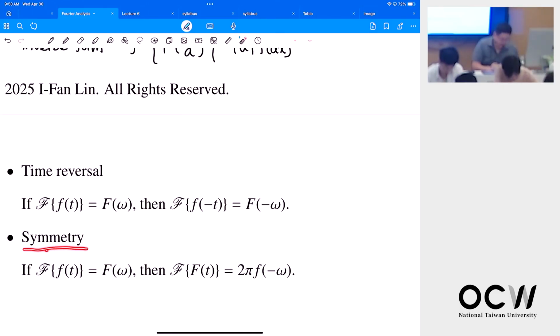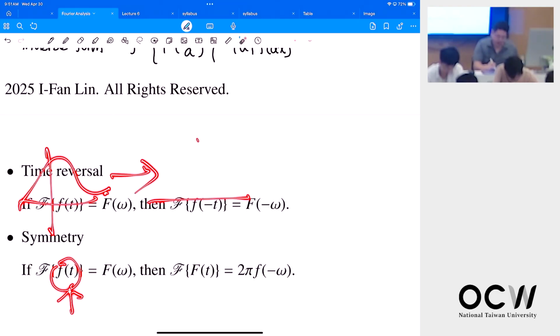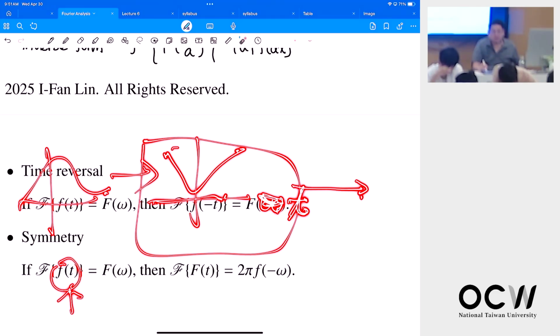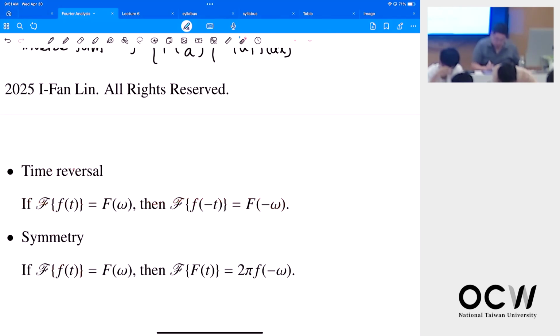Next one is symmetry. Have you thought about that? If I take the Fourier transform of this function, here is the time domain. Now I take the Fourier transform, maybe it looks like that. This is in frequency domain, right? We have omega. But we can also think about this function as a time function. I can change that to t, and I can do the Fourier transform again. So when I do the Fourier transform, what is this? You see that I will go back to my original function f.